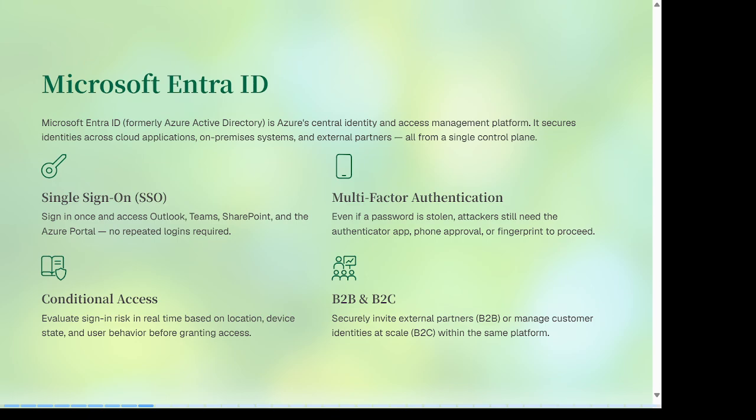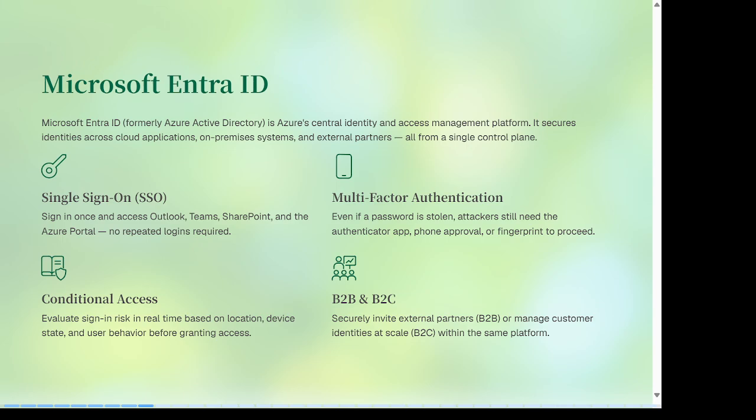B2B and B2C identity. B2B, business to business. With B2B, you can securely invite external partners, vendors, or consultants into your organization. They use their own identity but are governed by your security policies. B2C, business to consumer.